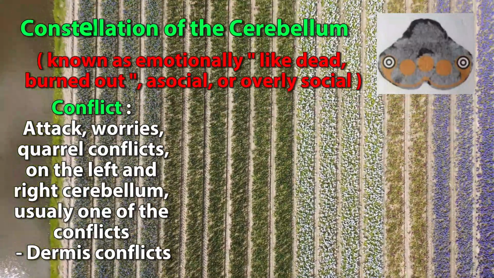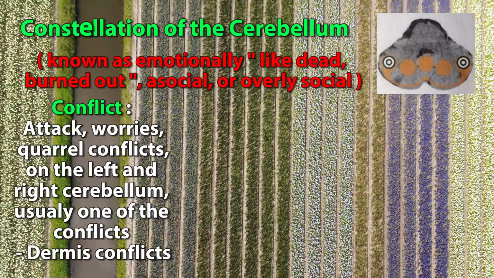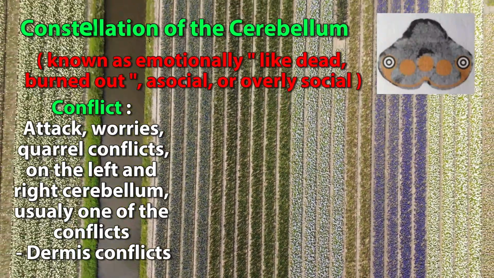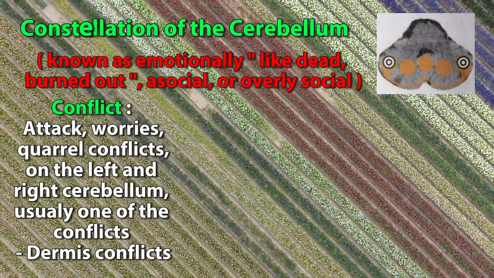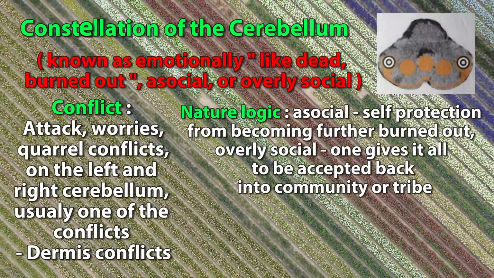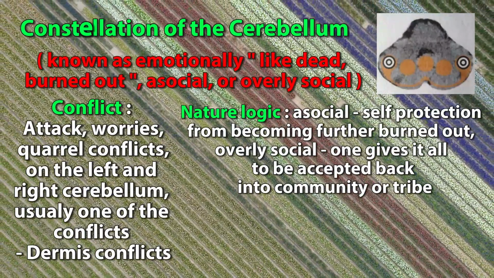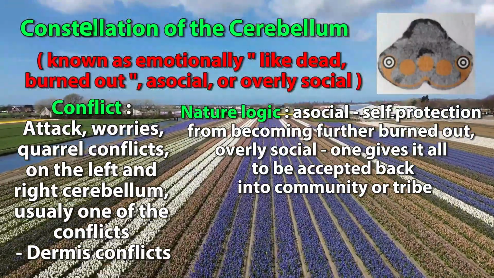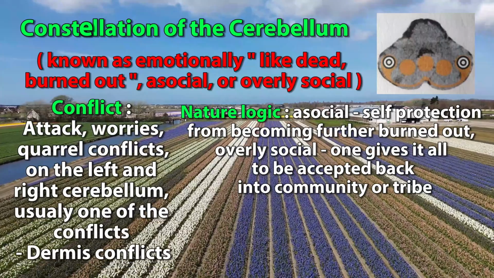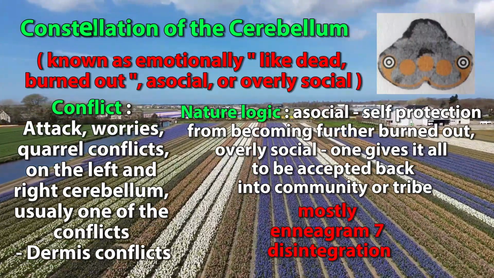Listless, empty and cold, one feels nothing, aloof, inaccessible, emotionally blunted and encapsulated, with an inclination to unconventional or crazy acts. Nature logic: asocial, self-protection from becoming further burned out; overly social, one gives it all to be accepted back into the community or tribe. Mostly Enneagram 7 disintegration.